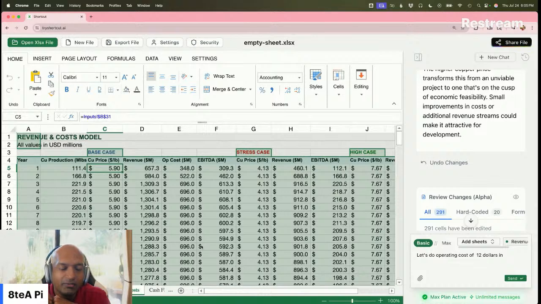If you have a mining company, you need a bunch of other things. You need to know the strip ratio. You need to break down the expenses a little bit more. And I feel like it didn't do a great job of this. I'm going to treat this like it's a junior analyst. Okay, I'm going to say, look, let's not do operating costs of $12. Let's really go into this a little bit more.